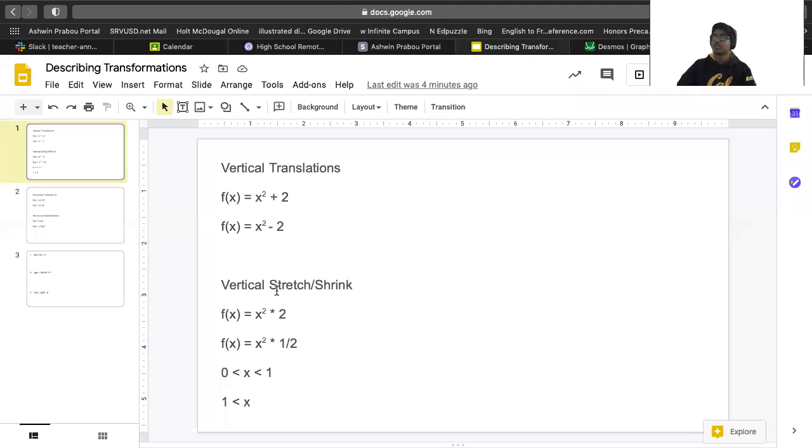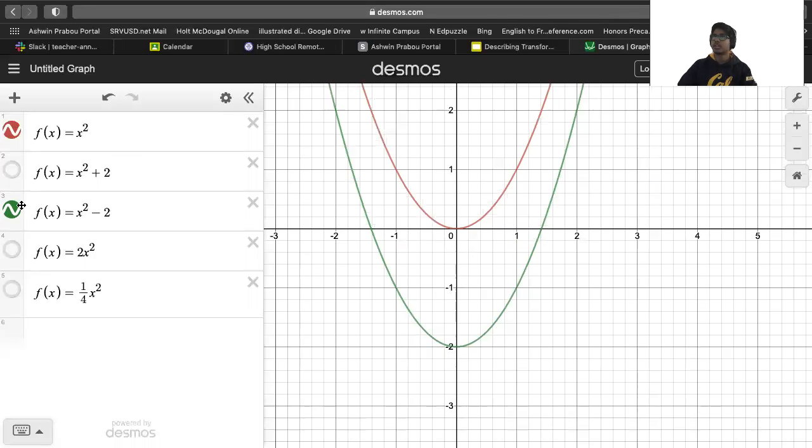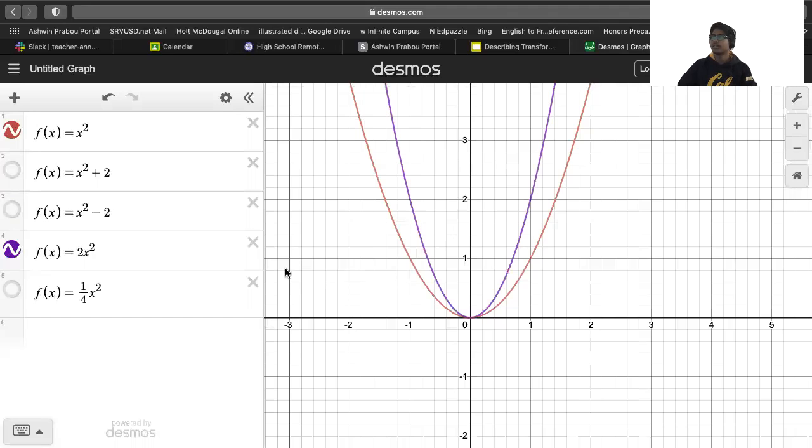So the next thing we have is vertical stretch or shrink. You have f of x equals x squared times 2, and f of x equals x squared times 1/2. Now, when I show you the graph of this, you have x squared, and then you have 2x squared, which kind of makes the graph seem a bit more shrunk.